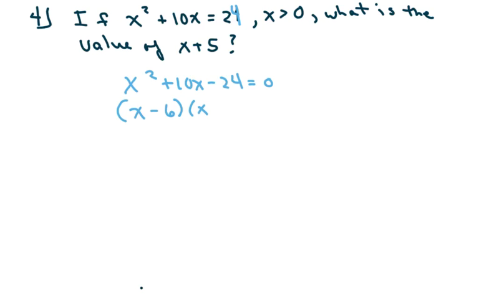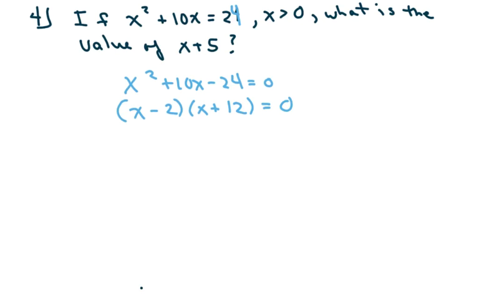What's this going to be? 12 and 2. All right. So one's going to be negative, one's positive. So 12 is going to be positive, and the 2 is going to be negative.